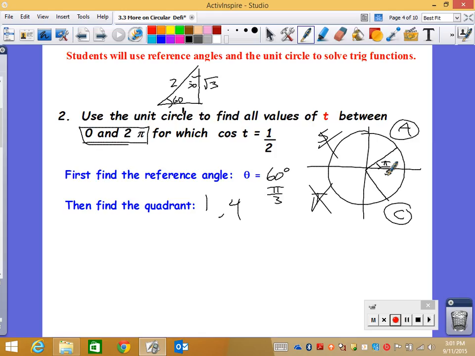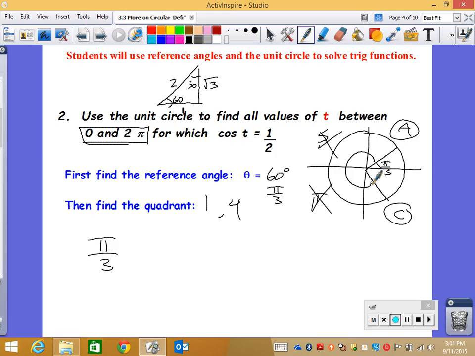Since we're in the first quadrant, I know one of my answers is going to be pi over 3, because in quadrant 1, the reference angle is the original angle. We talked about that in section 3.1. The other angle is going to be all the way around in quadrant 4. To find that, I have to take 360, or 2 pi, minus my reference angle.